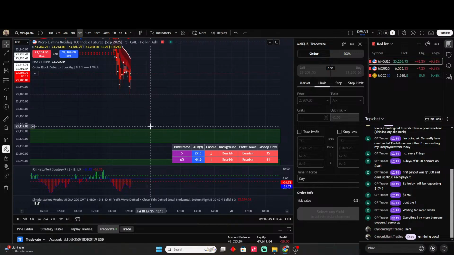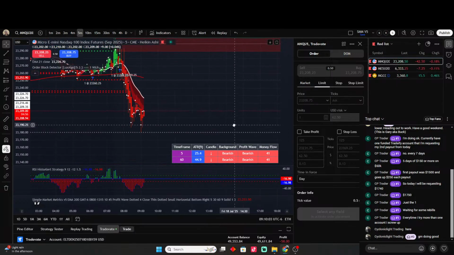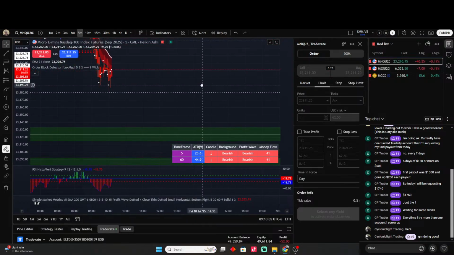God, could we get clear down to 23,133 from 23,208? Could it really sink that far? I mean, that'd be a great slide for the day. It's dipping in that profit wave and it's rejected a couple times.